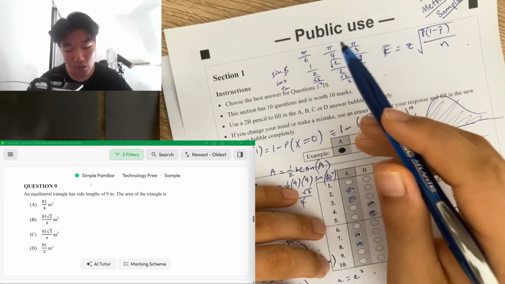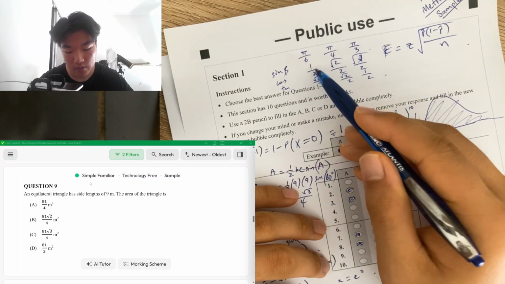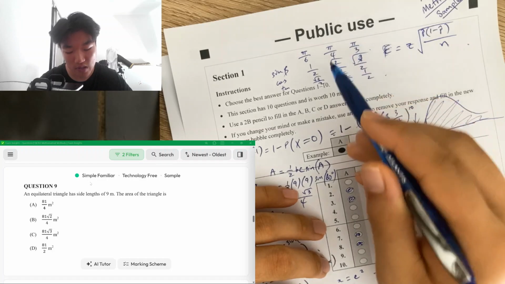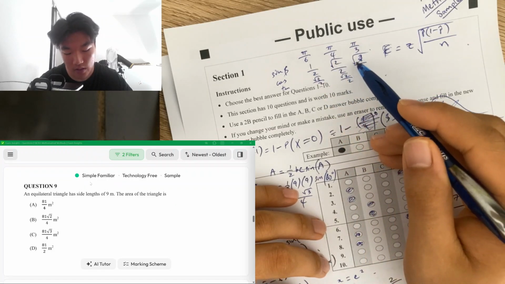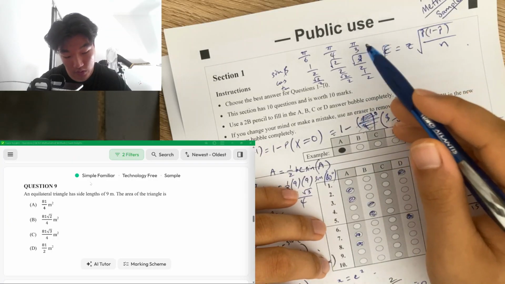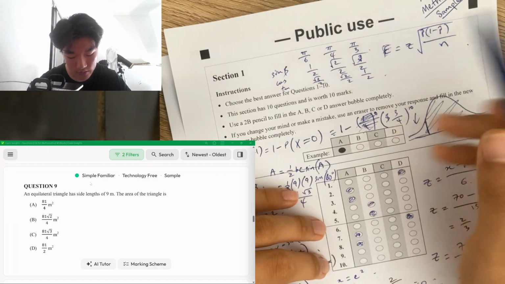And then halve them. So from 30 degrees, 45 degrees to 60 degrees, it goes half, square root of 2 over 2, and square root 3 over 2. We're dealing with 60 degrees, which is pi over 3. The sine of 60 degrees is square root 3 over 2.